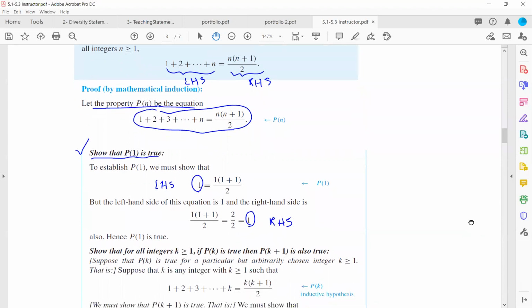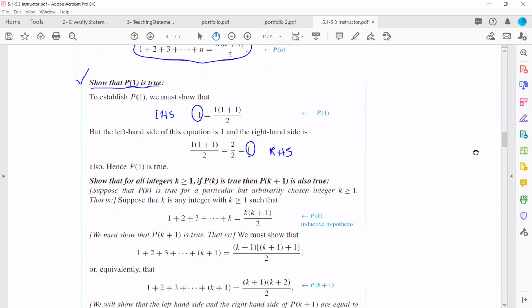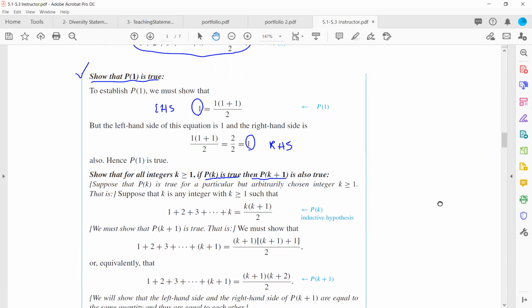Now let us move on to inductive step. We assume P(k) is true, then we show that P(k+1) is also true. So since P(k) is true, it means that 1 plus 2 plus 3 up to k is equal to k times (k plus 1) divided by 2.